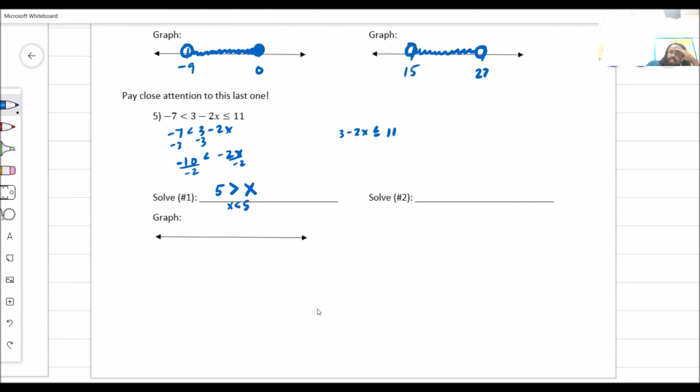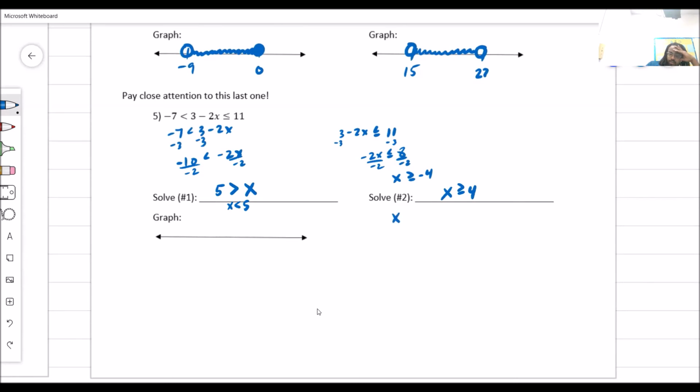Okay, on the right side, I'm going to do this same kind of thing. I'm going to subtract 3 from both sides. Get negative 2x is less than or equal to 8. Divide by negative 2. And so we get x is greater than or equal to negative 4. Again, we had to flip the sign because we divided by a negative number. As I graph this, I want to make sure, put this together, x is in the middle.